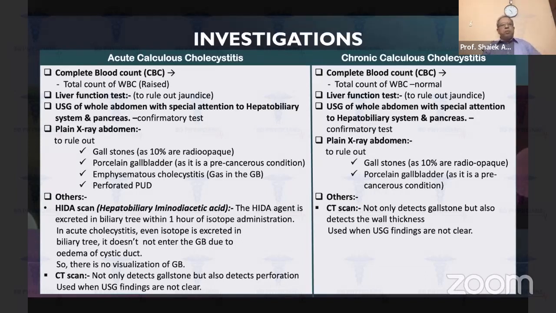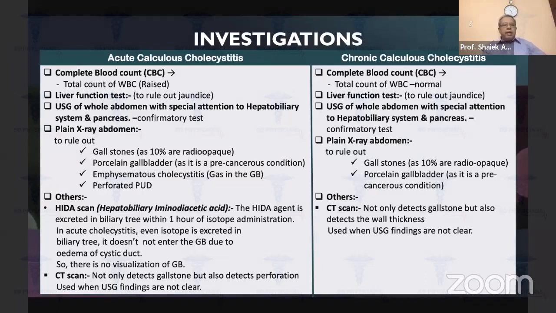Plain X-ray abdomen is done to look for gallstones; only 10% are radiopaque stones seen on plain X-ray. Porcelain gallbladder can be seen on plain X-ray abdomen. In emphysematous cholecystitis, gas may be seen in the gallbladder area. Perforated peptic ulcer is to be ruled out. So these are the plain X-ray findings by which you can differentiate other diagnoses.